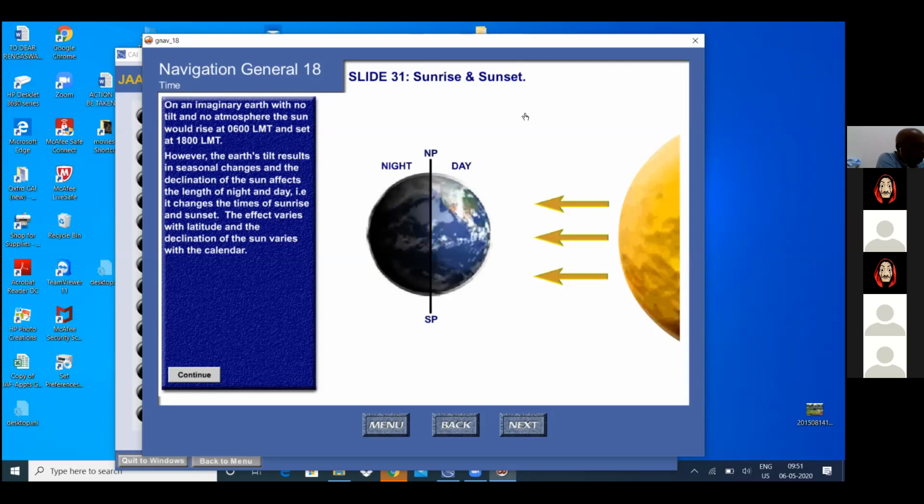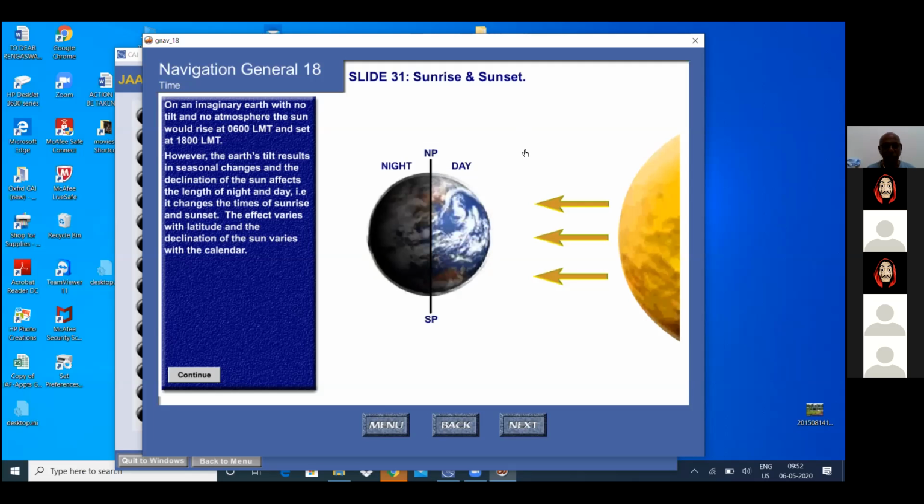But when we talk about sunrise, sunset, and twilight time, etc., we will be talking in terms of latitude, because latitude is the one that affects our sunrise and sunset, and it is the declination of the sun that affects the length of day and night. And the declination of the sun depends on the time of the year.